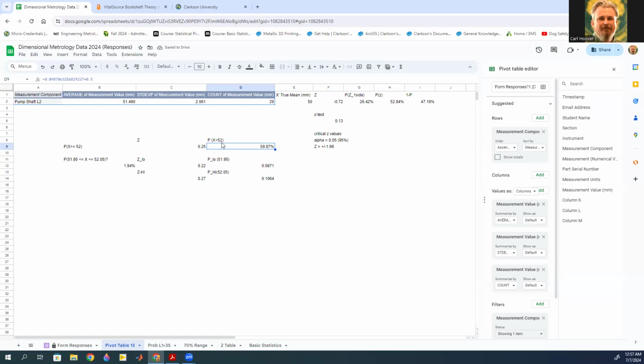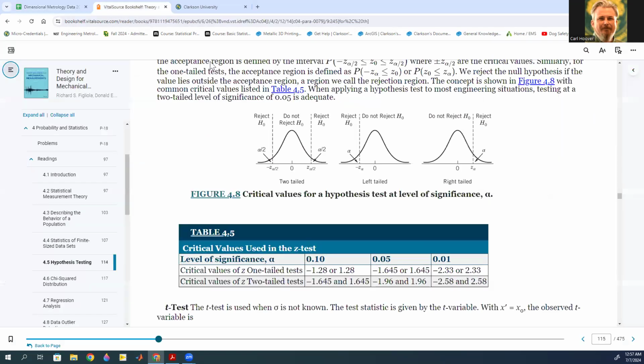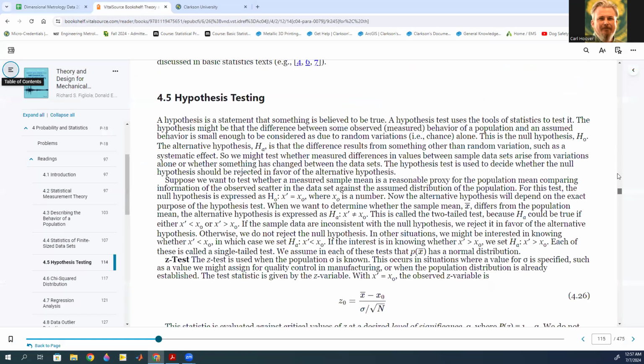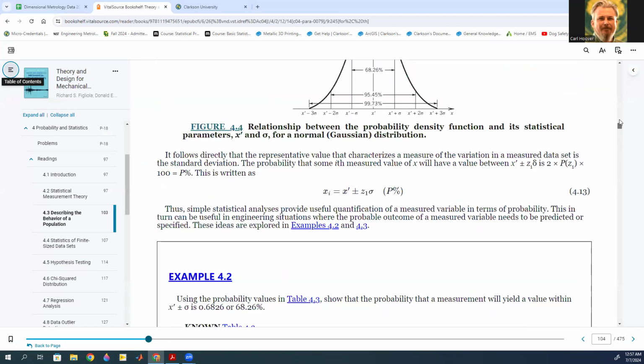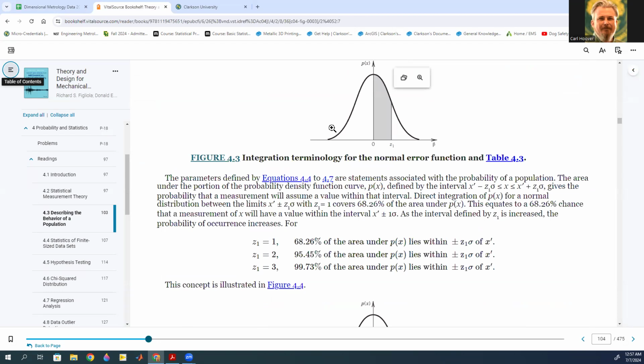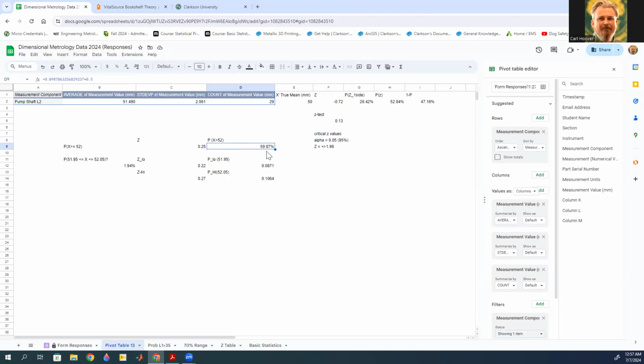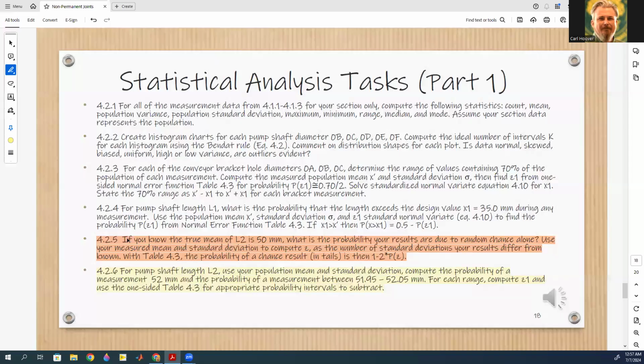Okay, based on the shaded region and the way that we're using the one-sided Z table here. So in that case, I added 50% for here to here, and then the Z value is right here for 52. So that answers the questions posed here in 52.5 related to pump shaft length L2.